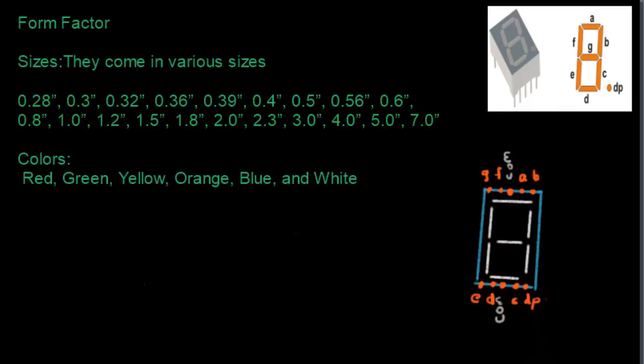So 7 inches is a very large size, and they also come in various colors: red, green, yellow, orange, blue, and white. So basically, each of the segments in a 7 segment corresponds to a light emitting diode inside.